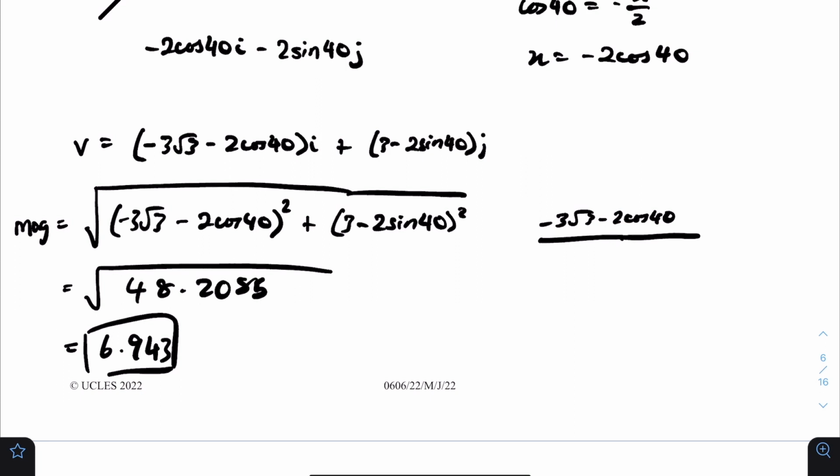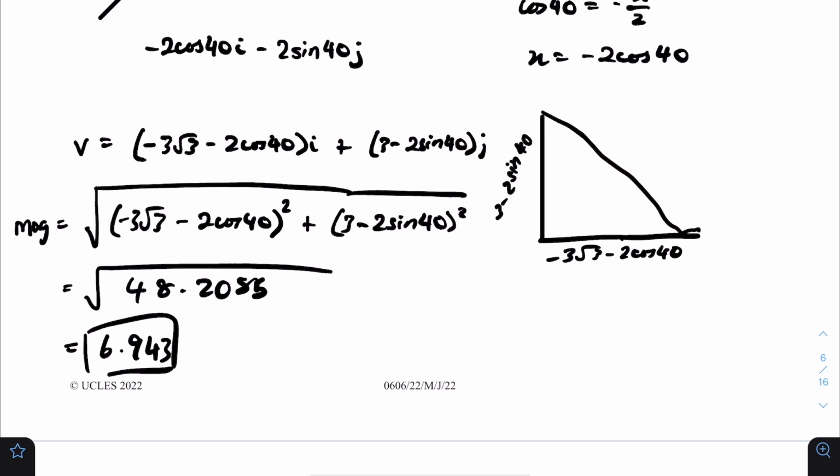Then it goes up by 3 minus 2 sine 40, which is a positive value. So I'm actually going to move this below and then draw this going up by 3 minus 2 sine 40. And then we've got an angle going over here that we need to figure out.